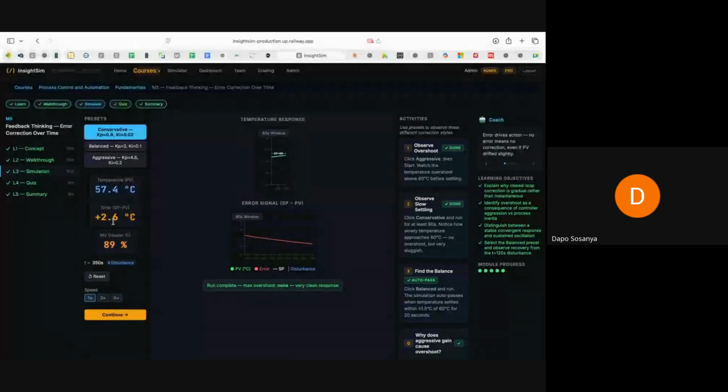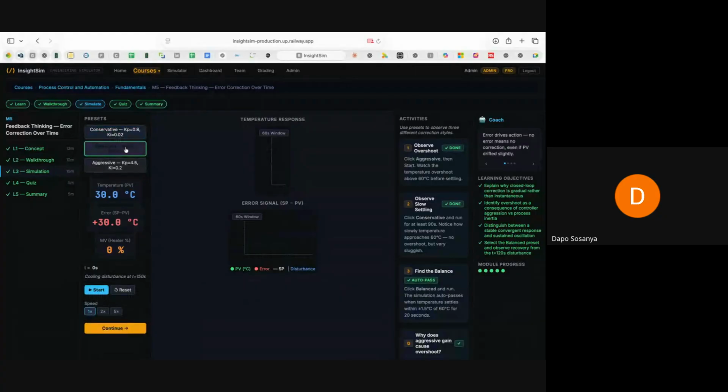Even though we desire stability, we desire SP error to be zero, right? But it sometimes does not make any difference when you have plus or minus whatever. The example I gave earlier on the grid can still take about 0.05 deviation from SP and still be okay. But anything greater than that causes problems, right? So then let's look at balanced once again, and then start.